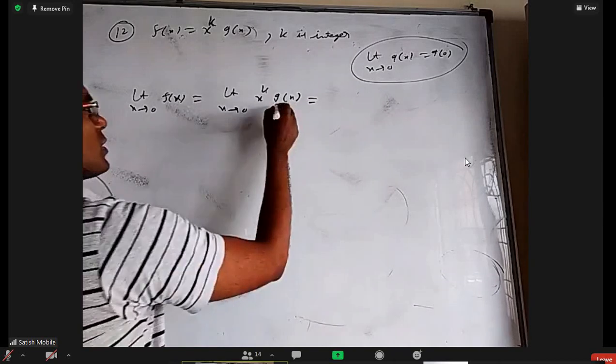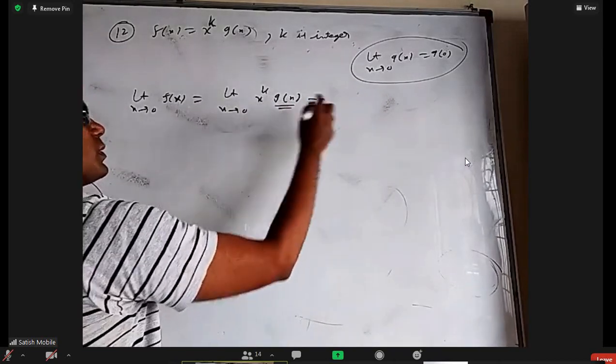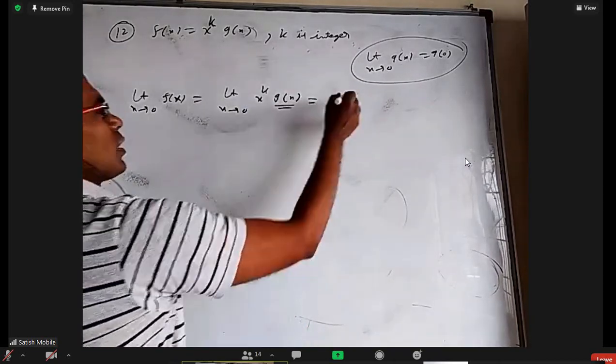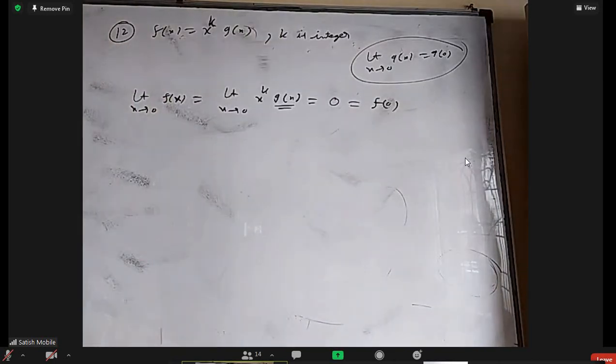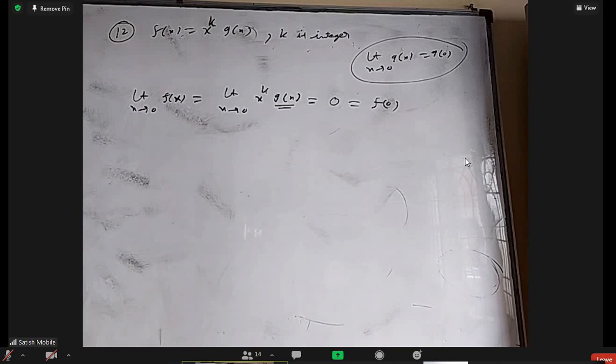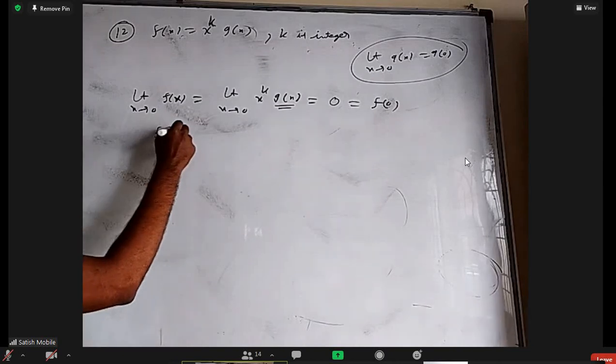Even though g has some limit, it will be 0, which is also same as f of 0, because f of 0 is 0 into something, 0. No problem. So f is continuous at x equal to 0.